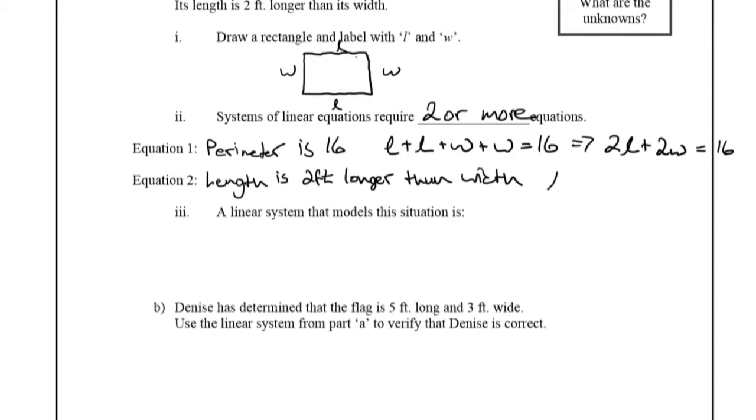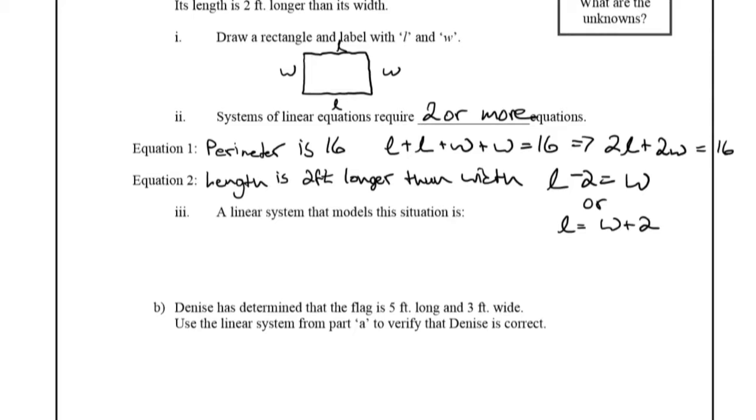If I took the length and I subtracted 2 from it, I would end up with the length of the width. Or I could write it as length is width plus 2. Both those are the same.